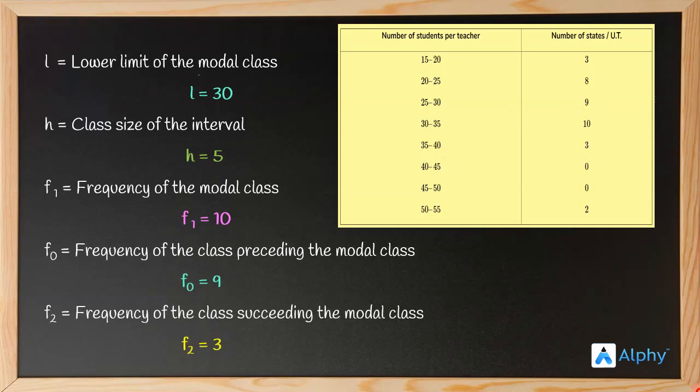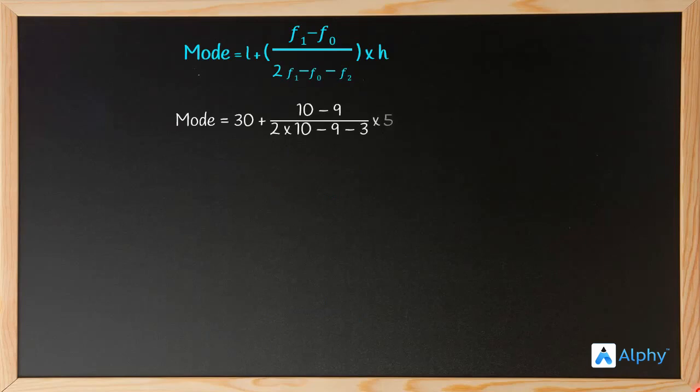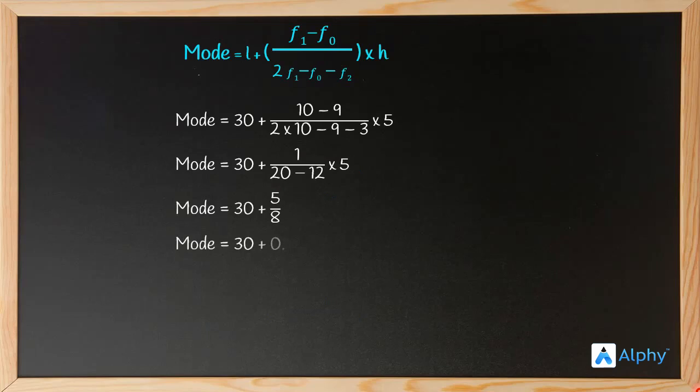Now let's find out the mode. We know that the formula for mode is L plus (f1 minus f0) divided by (2 into f1 minus f0 minus f2), into h. By putting all the values, we will get our mode. So our mode is 30.625.